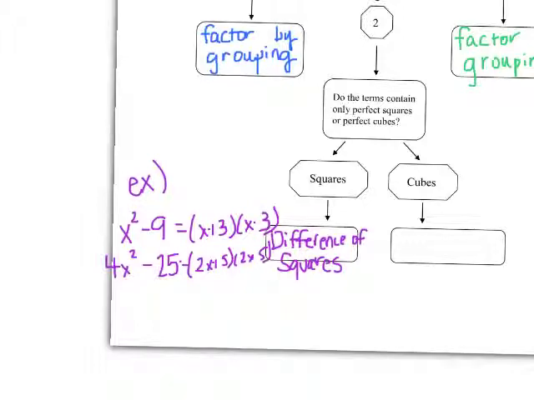Let's do 9x squared minus 1. So square root of 9x squared is 3x, square root of 1 is 1. 3x plus 1, 3x minus 1. Okay, so you can kind of see the pattern.